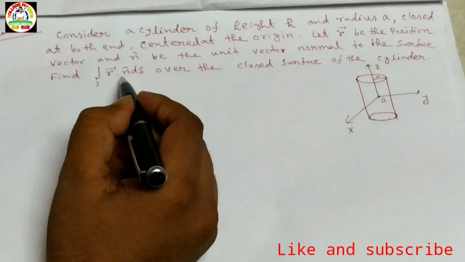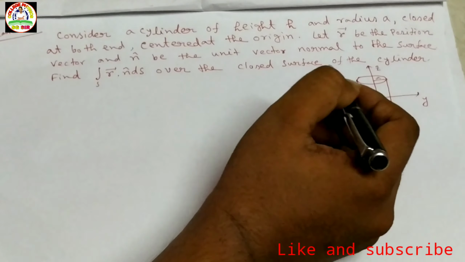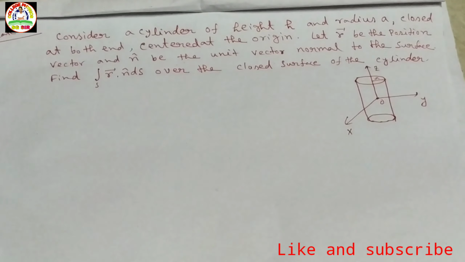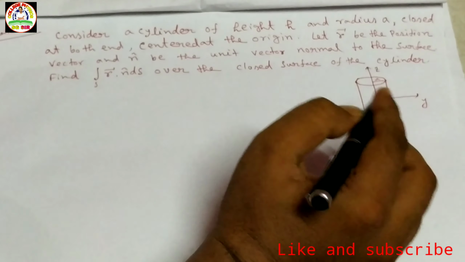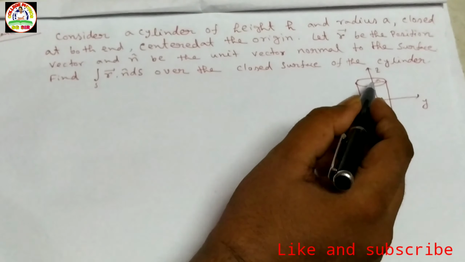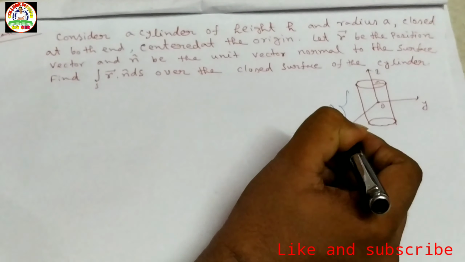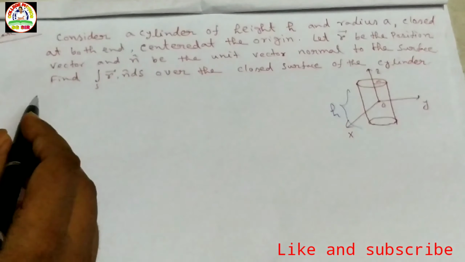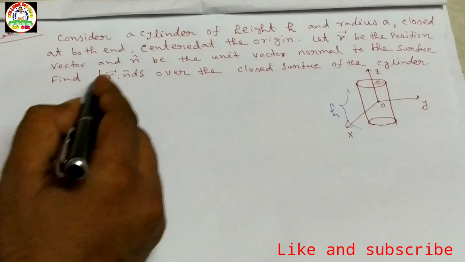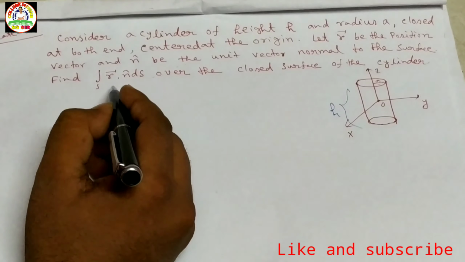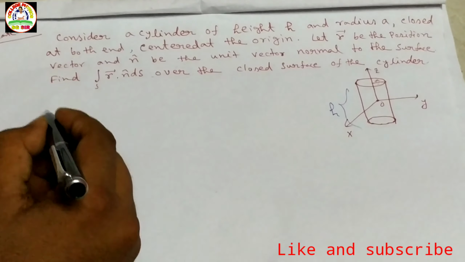Find the integral of r dot n cap ds over the closed surface of the cylinder. So here the radius of the cylinder is a and the height is given as h. We calculate r dot n cap ds where r is the position vector.